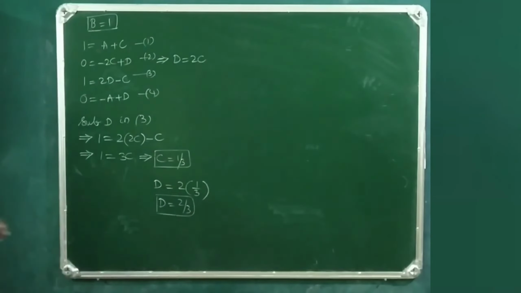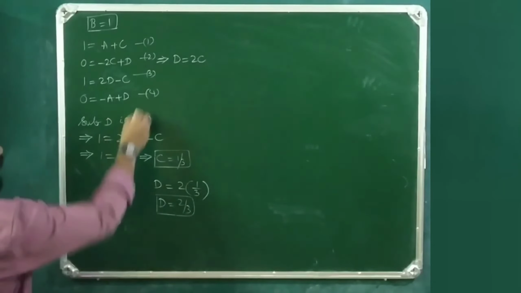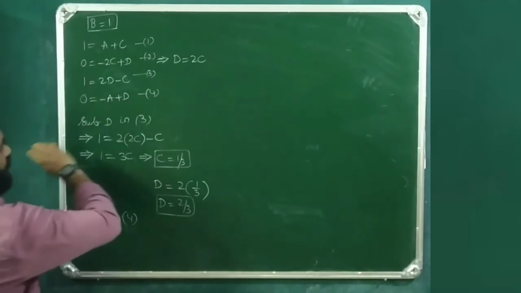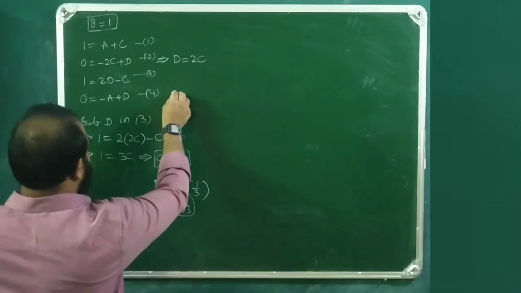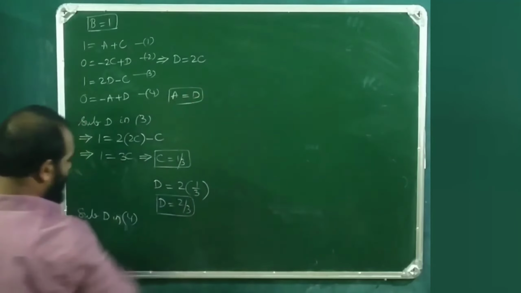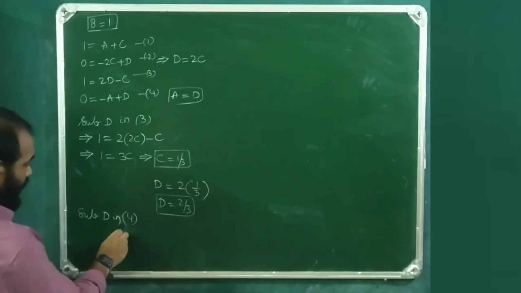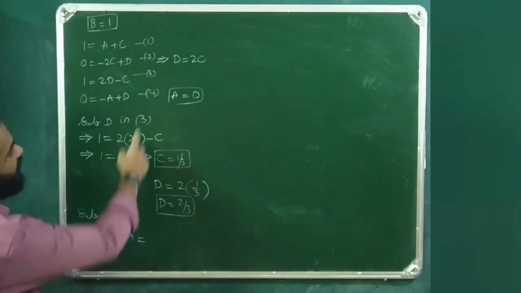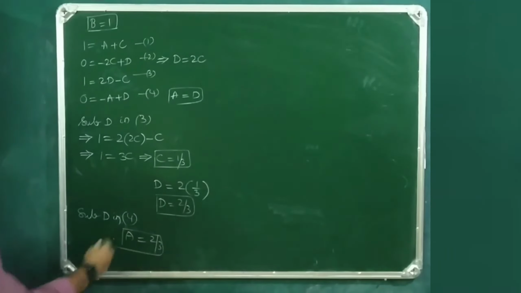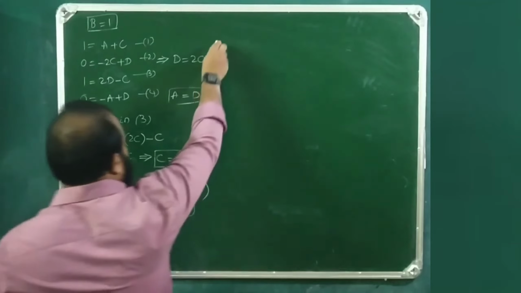So we are only left with the a. So substituting d in the fourth equation. What is this fourth equation? Minus a plus d equals 0. So d equals a, or a equals d from this. Therefore, a equals d and d equals 2 by 3. That means both a and d are equal.